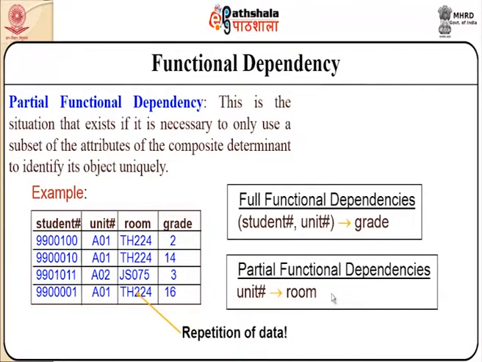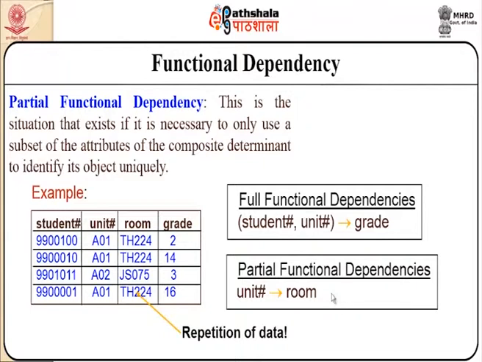In this example, we have 4 attributes: student number, unit number, room and grade, where we find repetitions in specific rooms, that is CH-224, where more than one student may be there. If you look at the fully functional dependency available in this relation, grade is fully functionally dependent on student number and unit number, whereas room is dependent only on unit number, and not on student number.